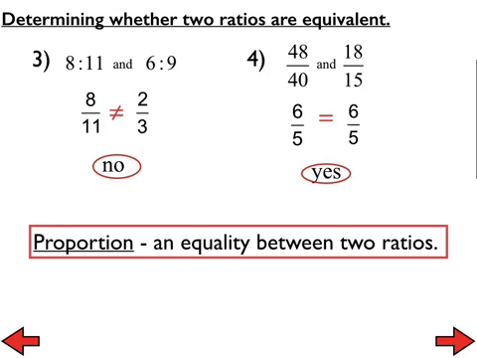Now I want you to write this in the box on your notes. A proportion is an equality between two ratios. In other words, when you take two ratios and you reduce them both down all the way, they are the same fraction. A proportion is an equality, they are equal between two ratios.